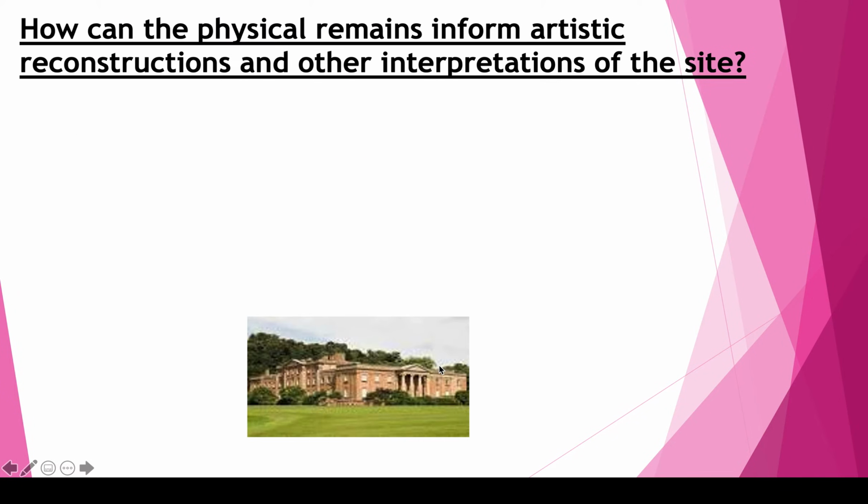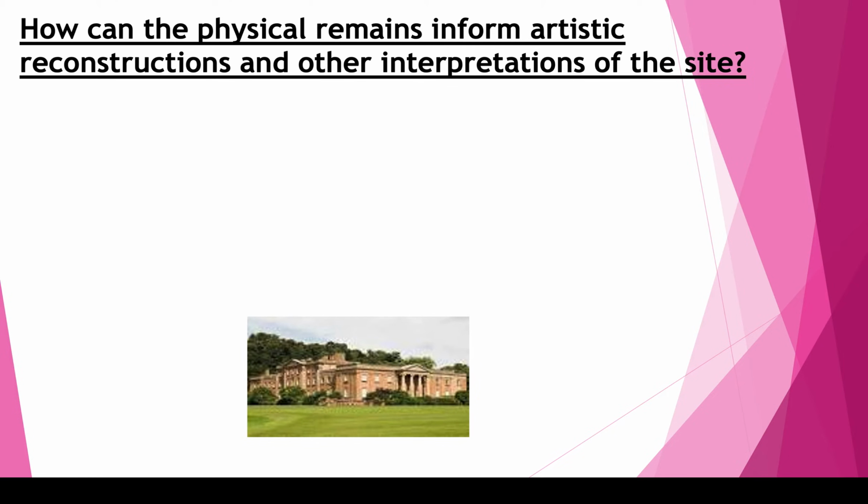Okay. You could also be asked how the physical remains of Himley Hall inform artistic reconstructions and other interpretations of the site. This is a little bit of a wordy question. What we mean by this is, based on how Himley Hall physically looks today, what physically remains of Himley Hall from when it was first built, how could this inform artistic reconstructions of what Himley might have looked like in previous periods and other interpretations of the site?